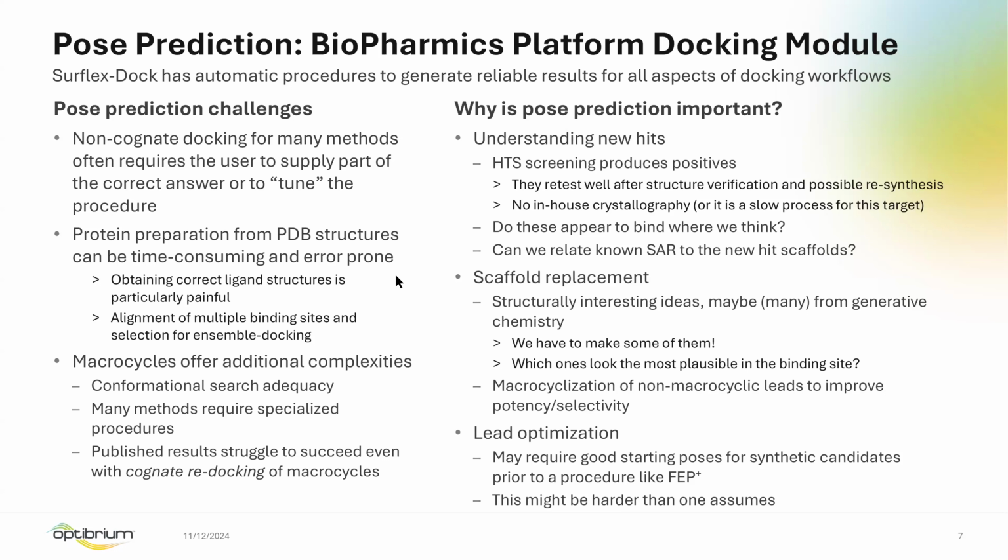A pain point for many people during docking or preparing for it is dealing with PDB structures. I could spend 3 days talking about the things that we've encountered over the past few decades dealing with PDB structures, particularly having to do with obtaining sensible ligand structures when processing through PDB files.